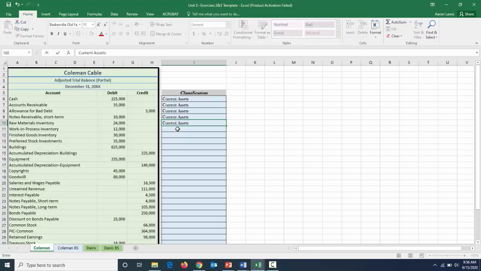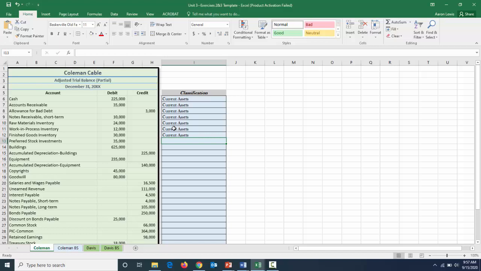Next up, we have WIP. Well, guess what? If raw materials inventory is a current asset, WIP inventory is going to be a current asset as well. And by that same logic, finished goods inventory is going to be a current asset because we expect to sell any one finished unit of cable within the next year. So that is our list of current assets.